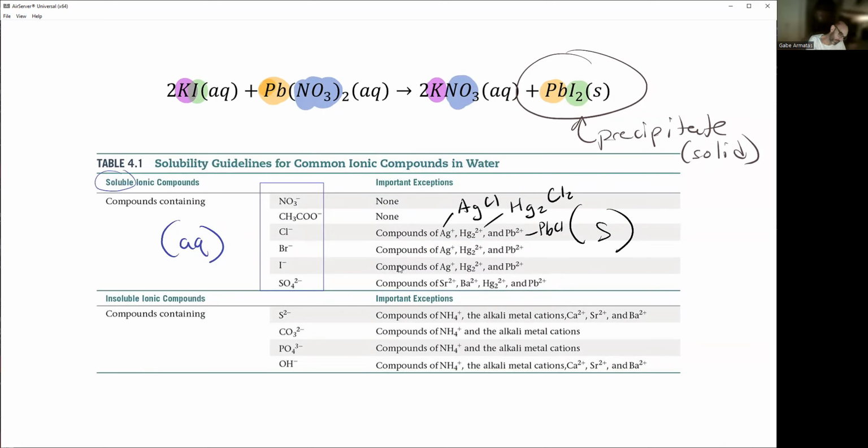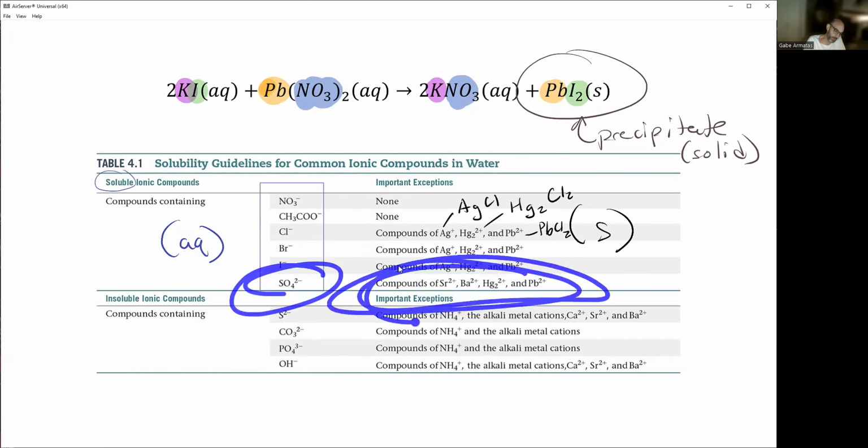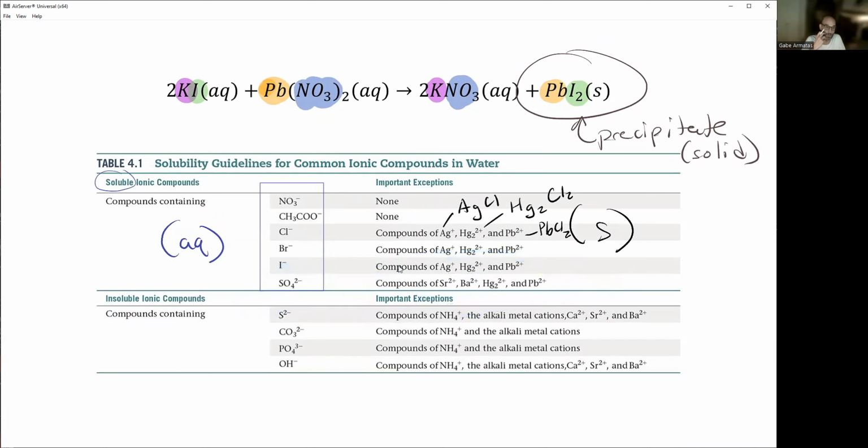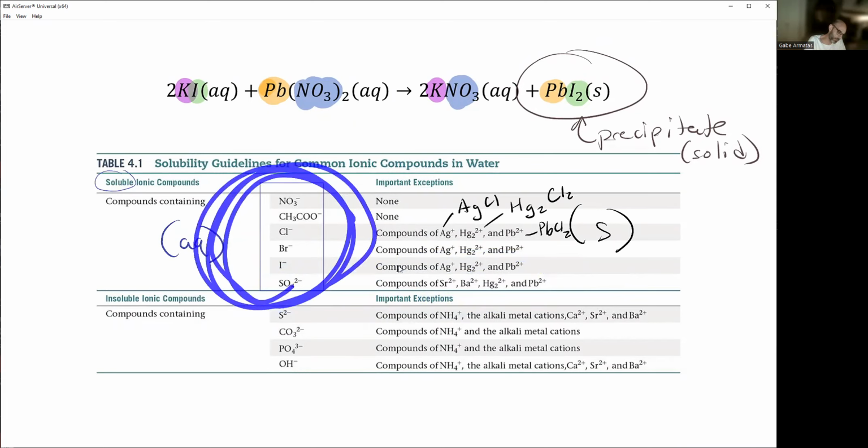Any of these sulfates, what you're going to notice is most of the sulfates are soluble, except strontium, barium, which are the heavy group 2s, lead and mercury. Okay, so you have these sulfates, which are kind of the exception here. Those form solids as well. So if you see this anion, you say, all right, perfect.